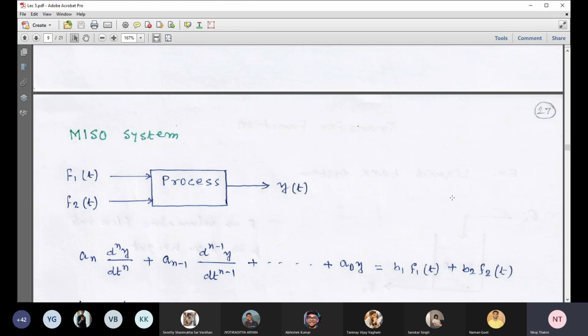In the right hand side, we have added one extra term associated with our second input F2. We are continuing with the same linearized model, with just one additional term added in the right hand side, associated with the second input F2.